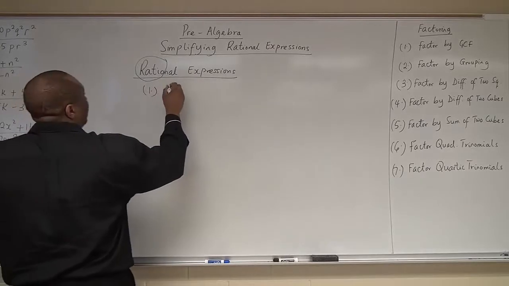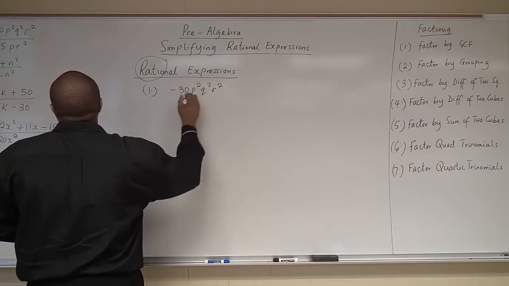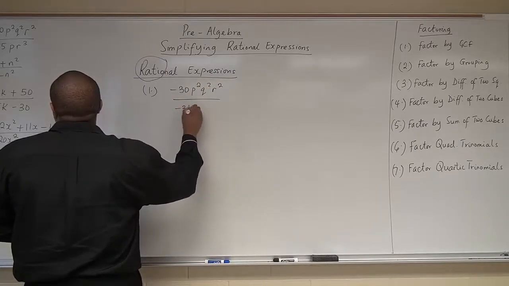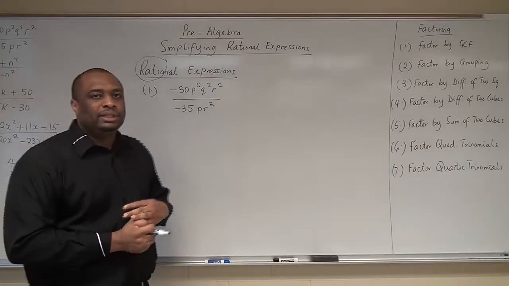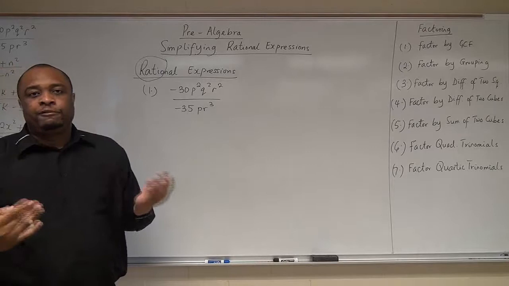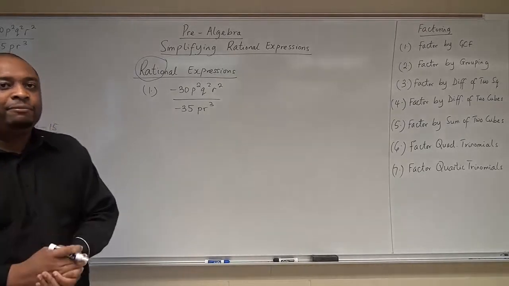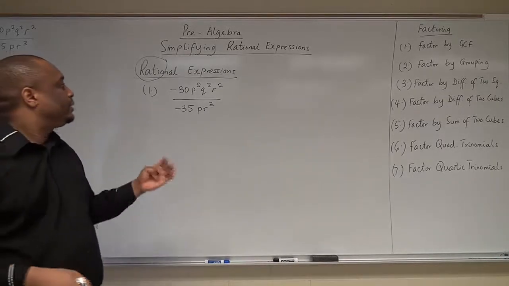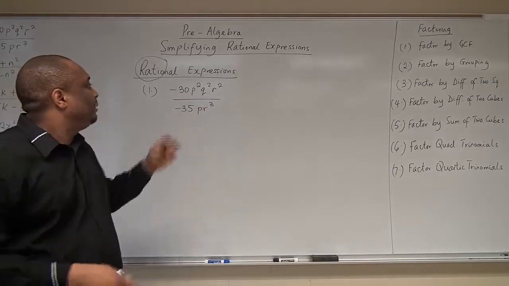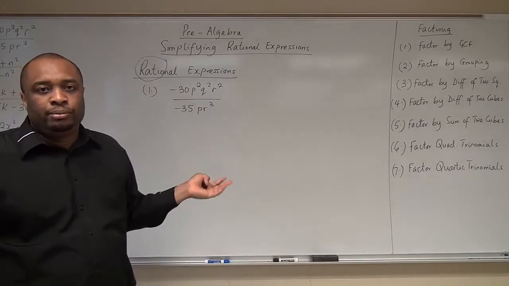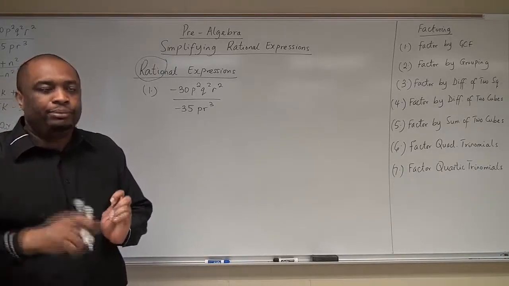Question 1: negative 30 p squared q squared r squared over negative 35 p r cubed. Well, this one is pretty straightforward. It's still a rational expression, but it is just a division of two monomials, which we did in the videos on polynomials.